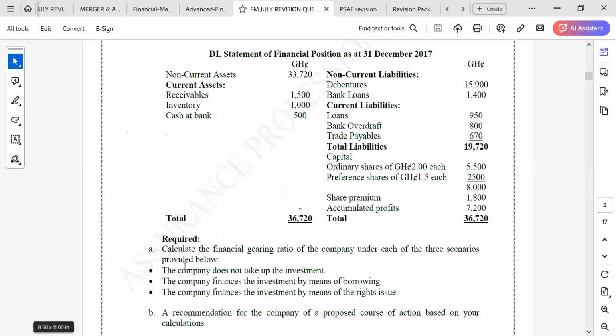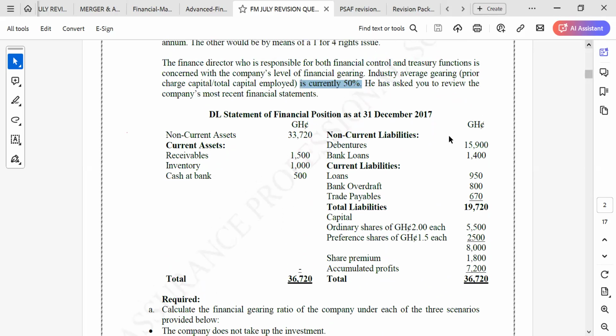Okay. They are saying that I should calculate this, that the company does not take up the investments. If the company does not take up investment, it means that there will not be any 10 million coming in. Okay. So if the investment is not undertaken, what will be our prior charge capital? What will be our total prior charge capital?